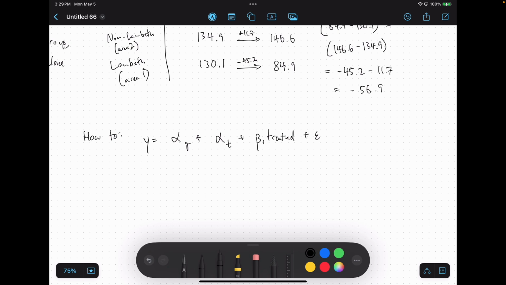And so these are the two things that you are differencing against. And if you have it out like this, then your beta 1 will actually give you the exact effect of the treatment.